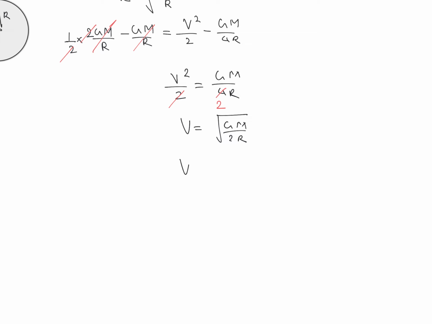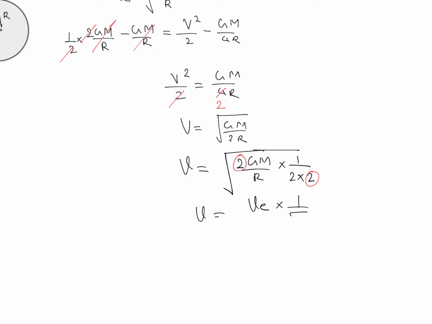If you would like to write this value in terms of escape velocity, we know that escape velocity is the root of 2GM by r. So we multiply by 2 and divide by 2, and we can write this as the root of 2GM by r, which represents escape velocity, into 1 divided by root of 2 into 2, which is root 4, so escape velocity divided by 2.